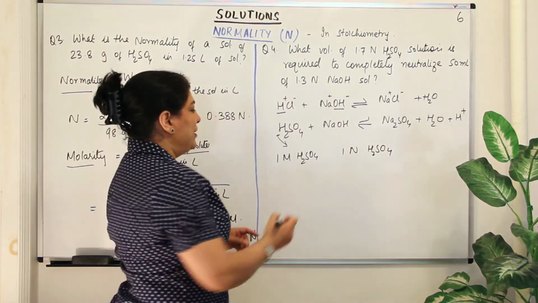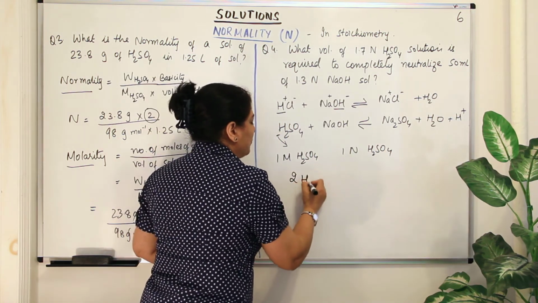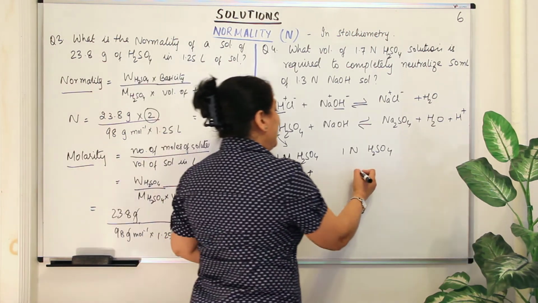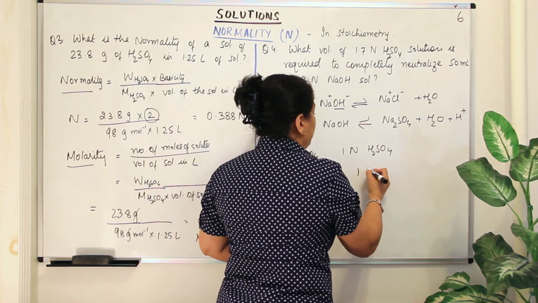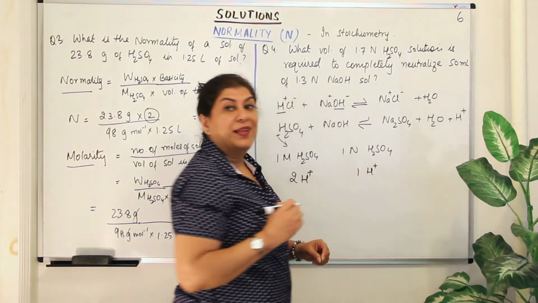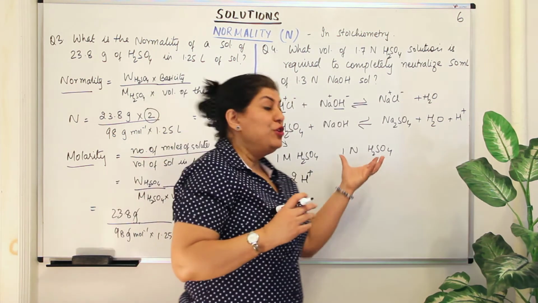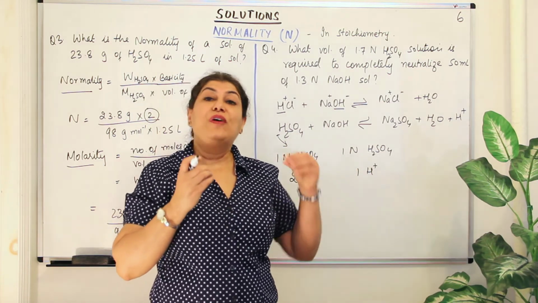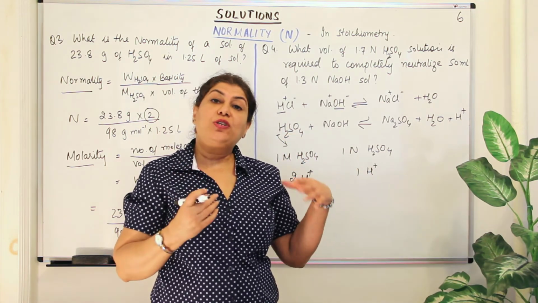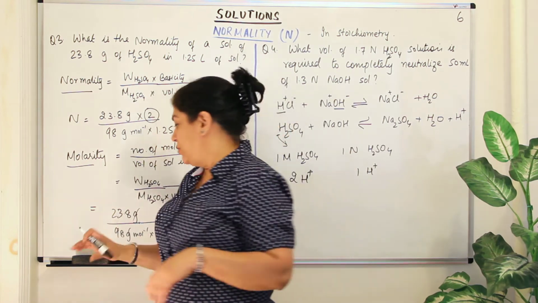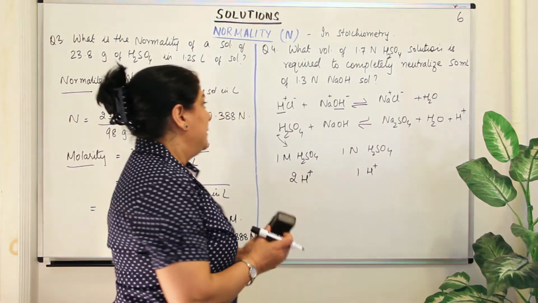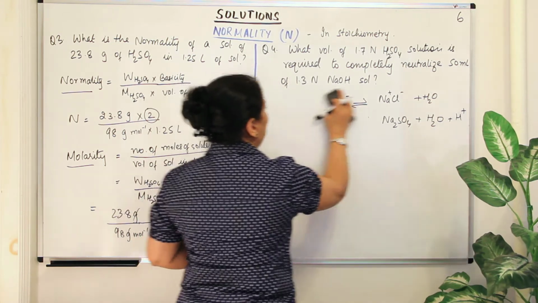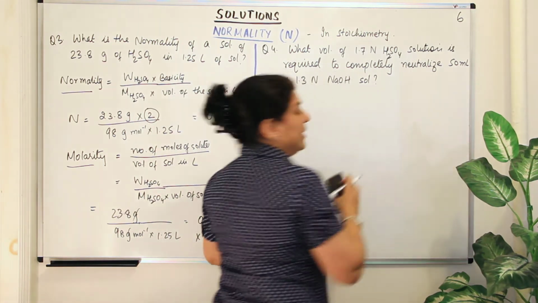One molar solution of H2SO4 will have 2 moles of H positive ions, but one normal solution of H2SO4 has only 1 mole of H positive ions. Therefore, when you take normality, it equalizes the values of H positive and OH negative ions. Why am I telling you this story? Because this gives us a very simple formula when you are talking about neutralization reactions.